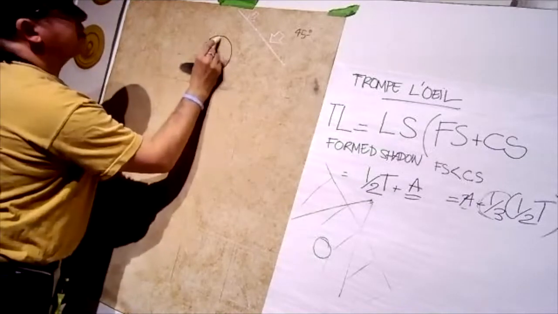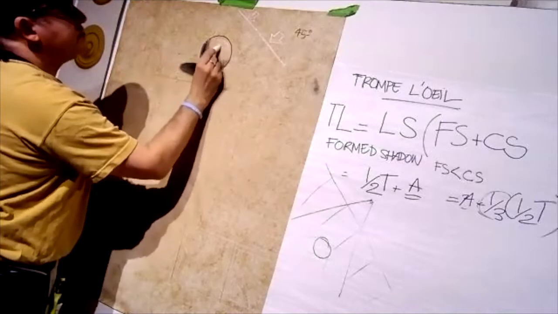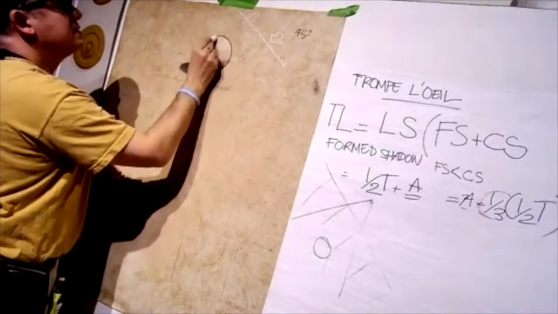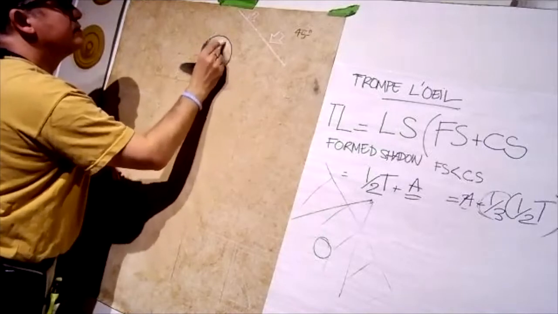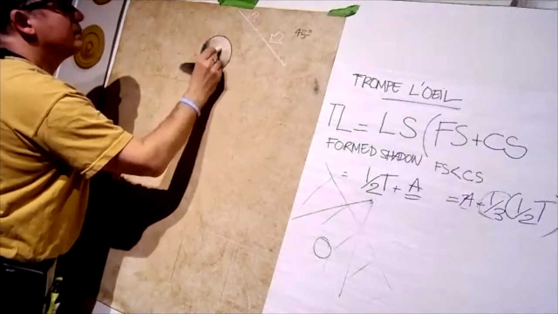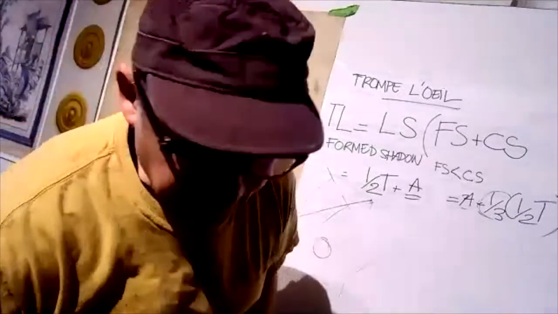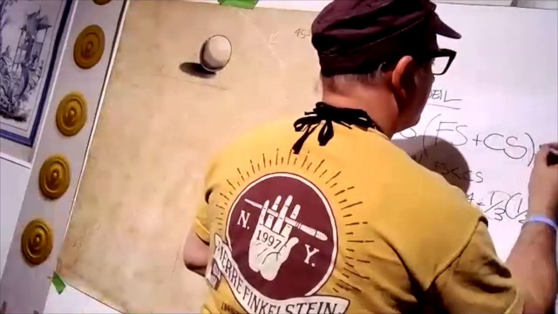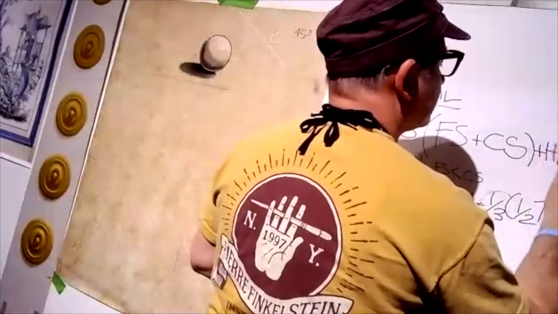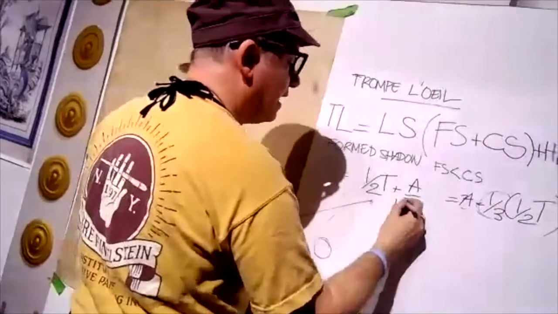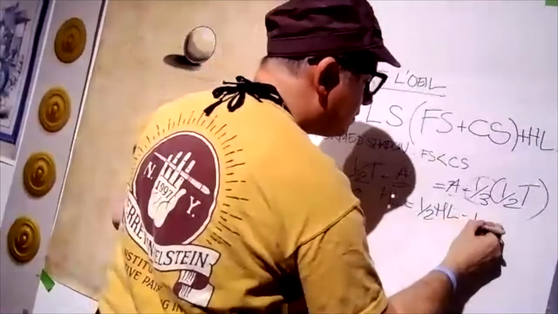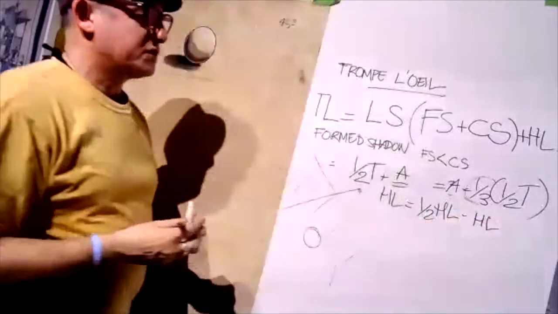Now, the highlight is the same idea. You're gonna have a half highlight. So I'm gonna write down here in the formula, plus highlight. And the highlight itself, you get the half highlight and the highlight, which is like the strongest value.